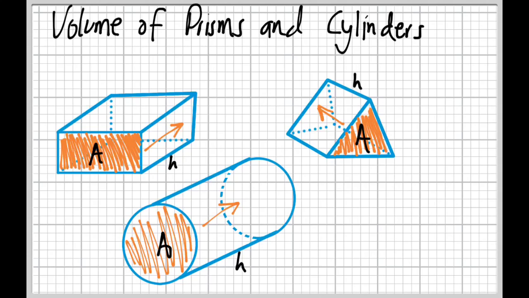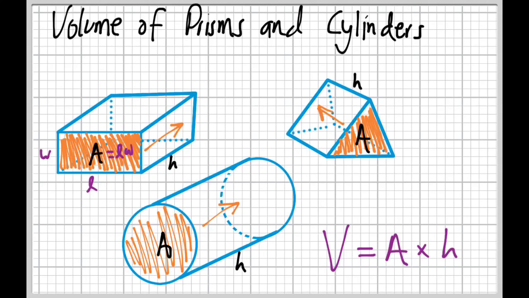And then all of them have this height, or length of the cylinder that is extended through. The volume of any of these objects is the area of that base, the basic shape that it started with, times that height dimension. And that's all there is to it. It's as easy as that.